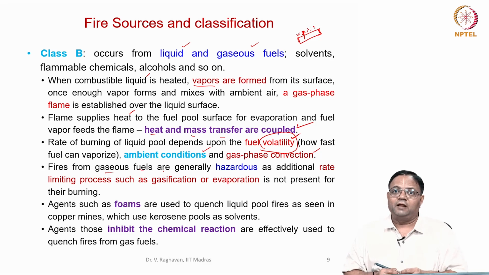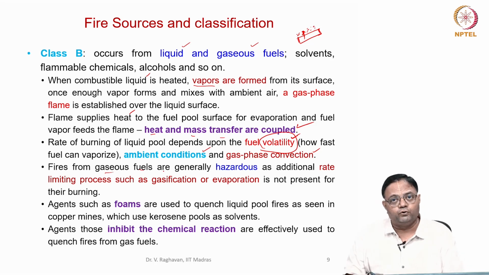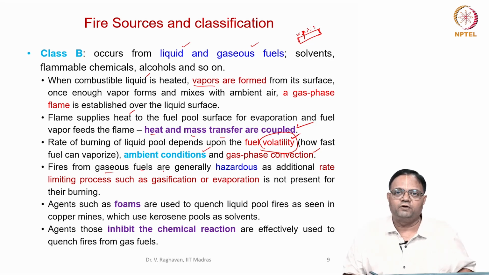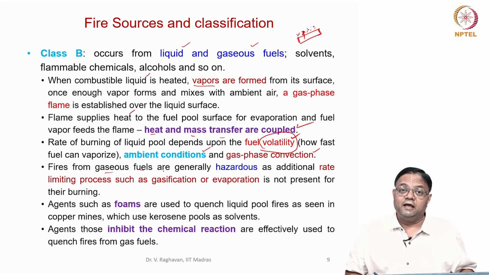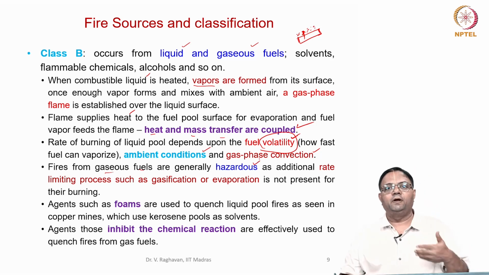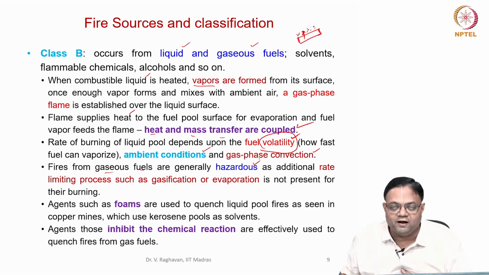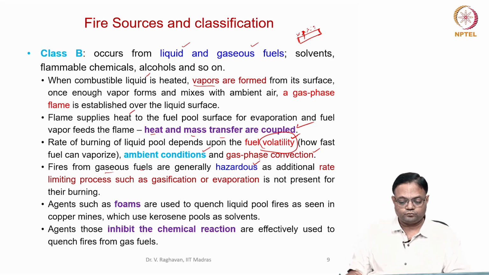That means the additional rate limiting process, like evaporation of a liquid fuel or gasification of a solid fuel, is not required. That means these gas fuel flames can be much faster and hazardous. The rapid burning of gases can take place, so it may be hazardous in nature.